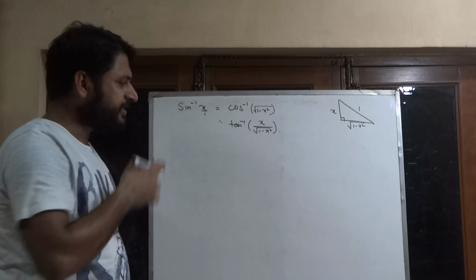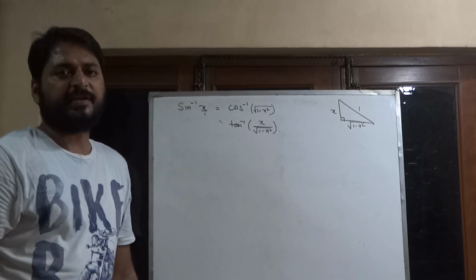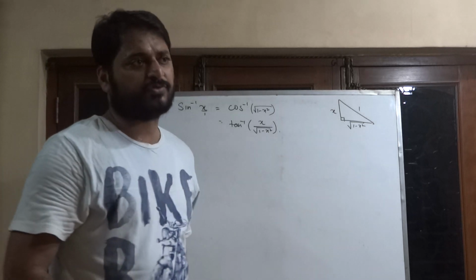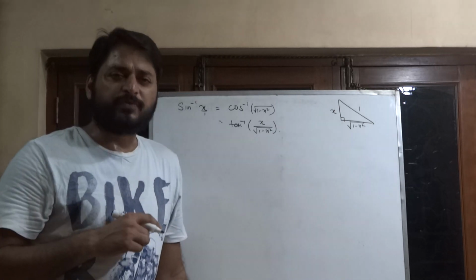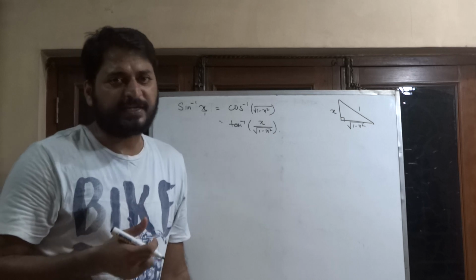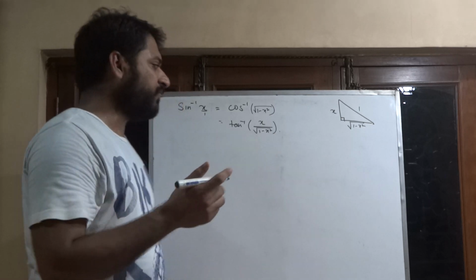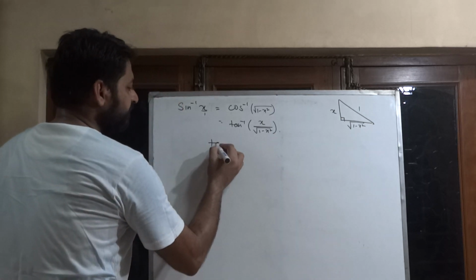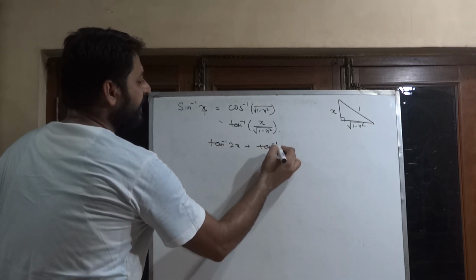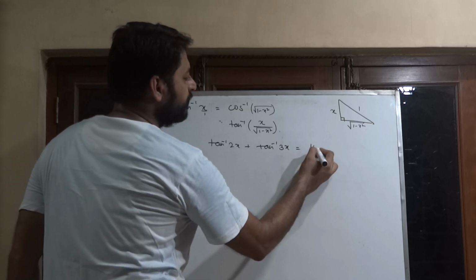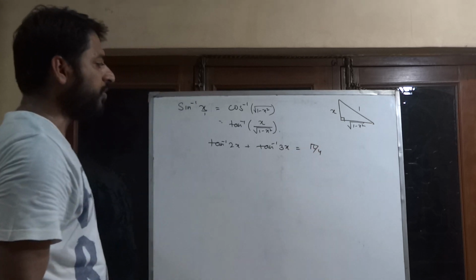Now the question is, what kind of sum you will get in the exam, like solving equations involving inverse trigonometric functions, or proof or identity type of sum. Just discussing one small sum. Suppose it is given tan inverse 2x plus tan inverse 3x is equal to pi by 4. Solve for x.